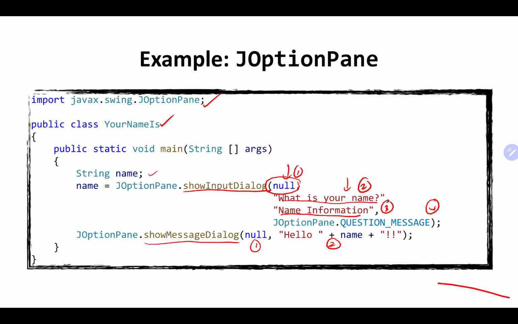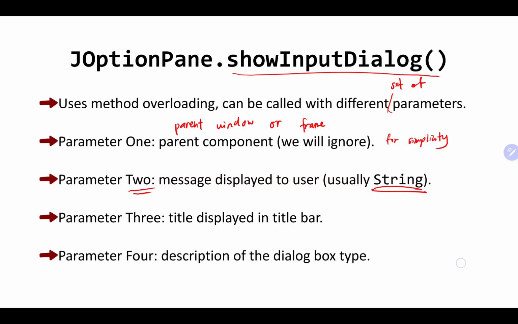Okay, the fourth parameter here describes the type of input dialog that is being displayed, for example plain text, a password field, a combo box, or selecting an option.